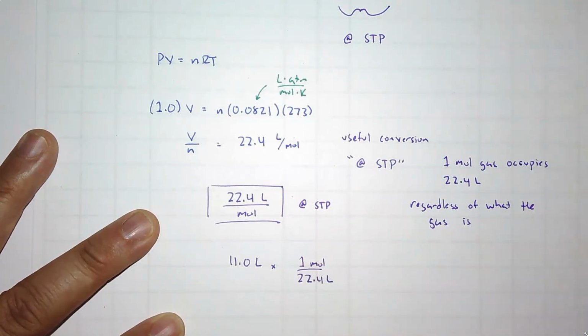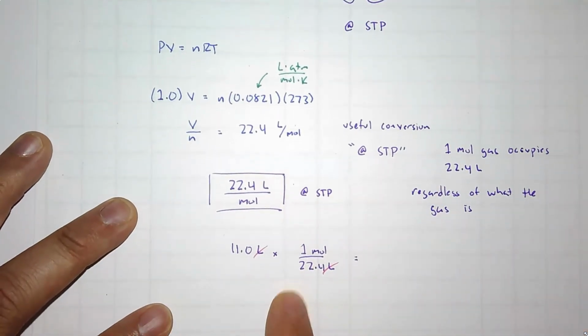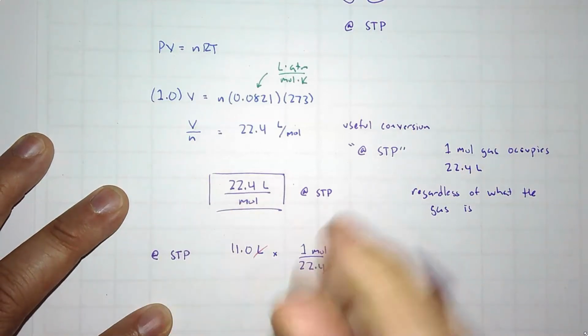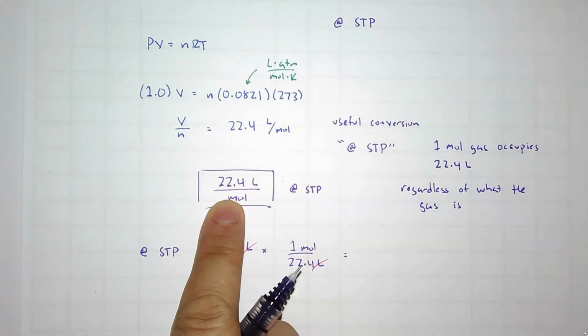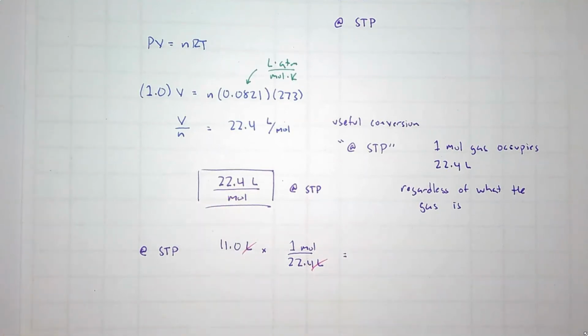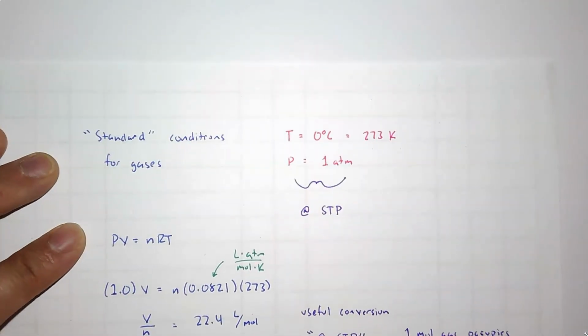And yes, the liters will cancel out. That's approximately 0.5. Again, please be very, very careful. It has to be at STP. This number isn't true if it's not at standard temperature and pressure. Okay, so that's a discussion about standard conditions.